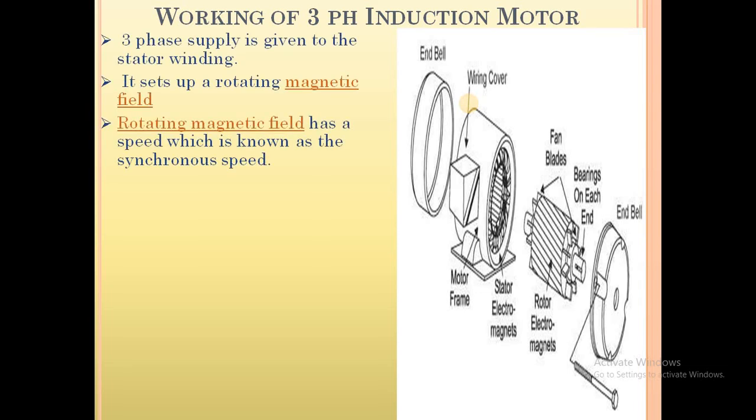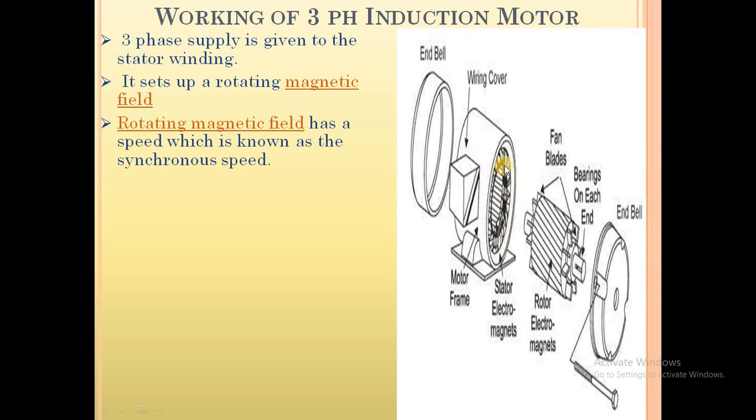First we give supply to the stator winding, not the rotor winding. Like in a DC motor we give supply to the armature winding and the field winding also, but in a three-phase induction motor we only provide supply to the three-phase stator winding. What will happen after giving the supply?